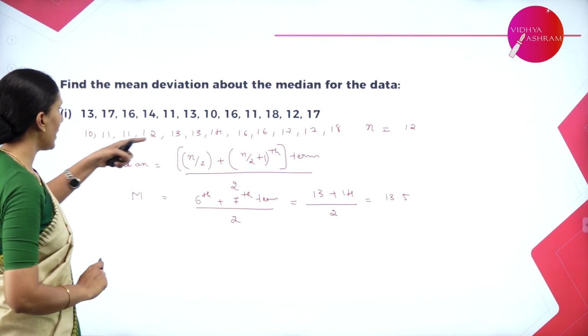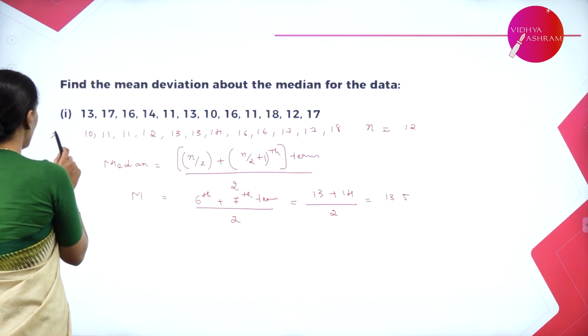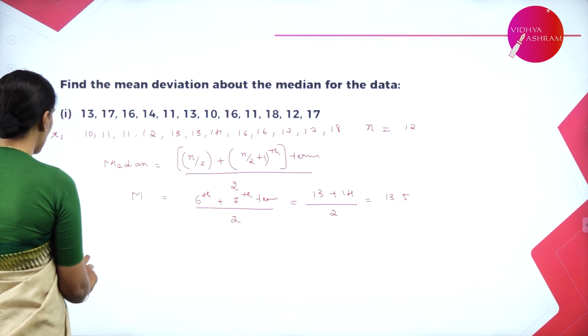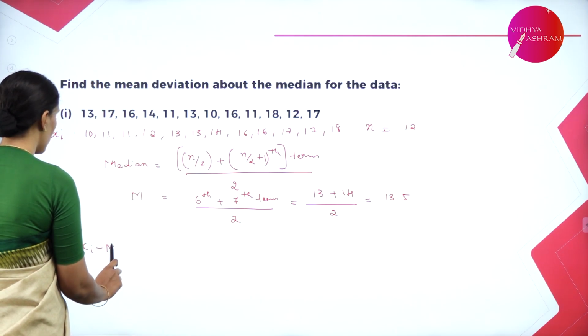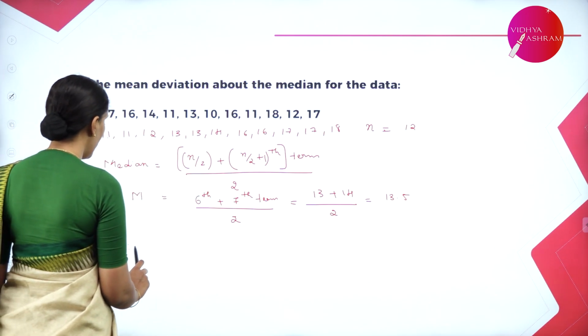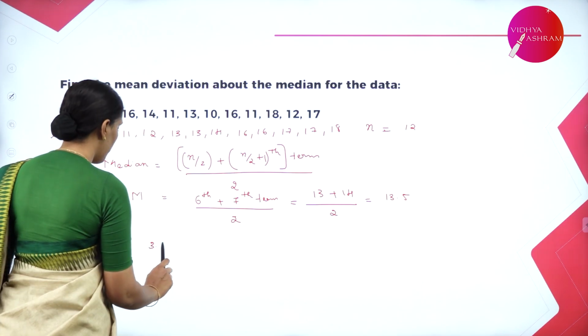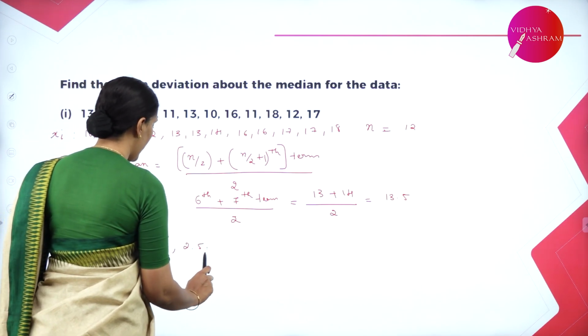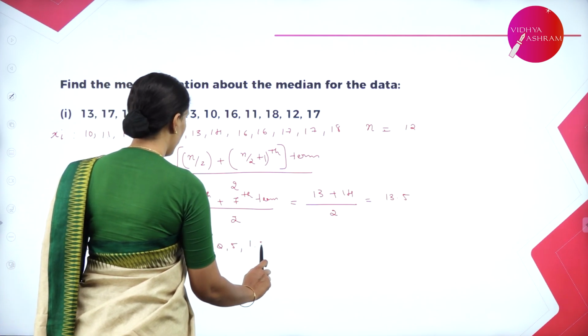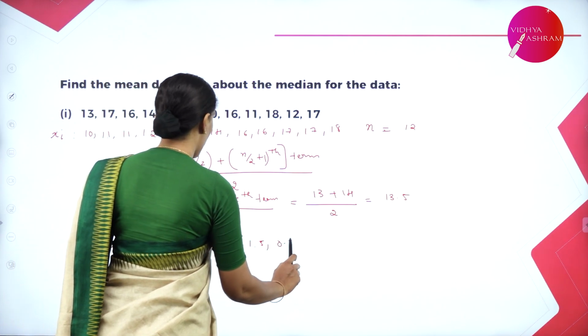Now once you have arranged all the data, let it be xi. Now take the difference of xi minus m modulus. So we get 10 minus 13.5, which can be written as 3.5, 2.5. Next is again 2.5, 1.5, 0.5.